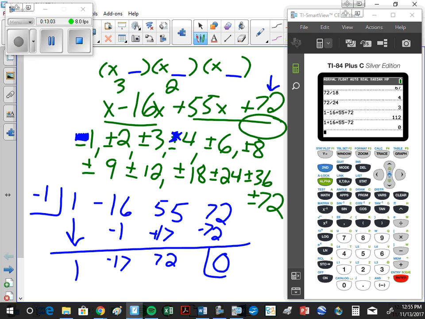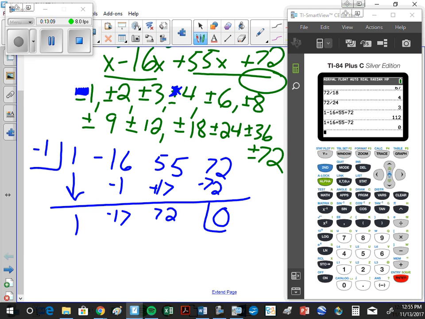Well, I knew that was going to happen, so why did I bother? Because my answer is a simpler equation than the original. The original equation was x to the third, so my new equation is x squared minus 17x plus 72.